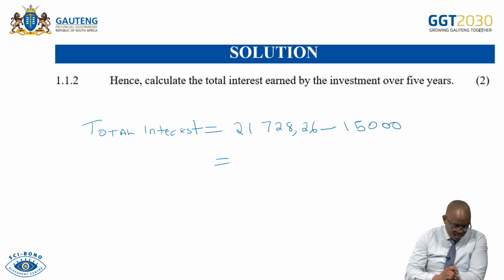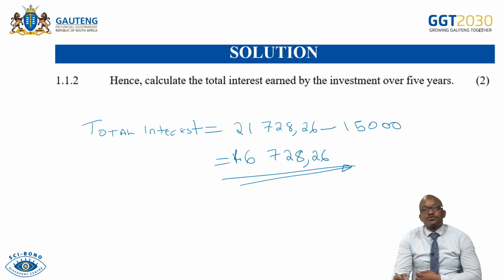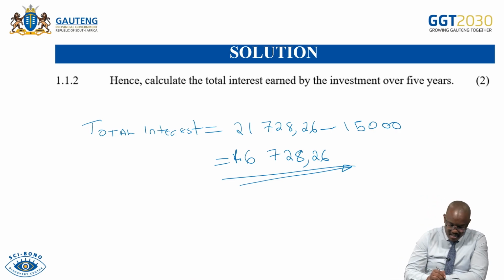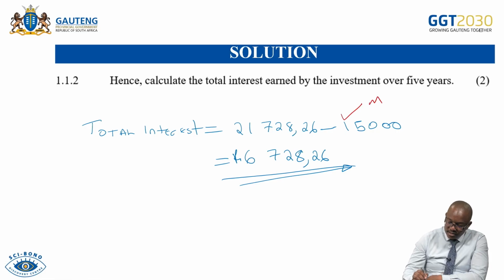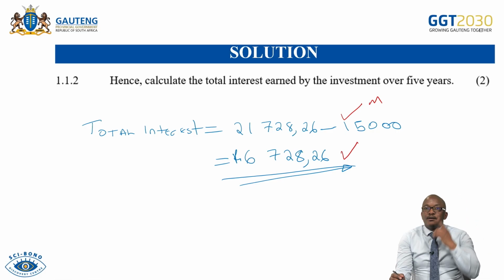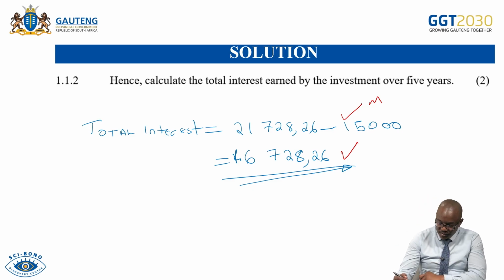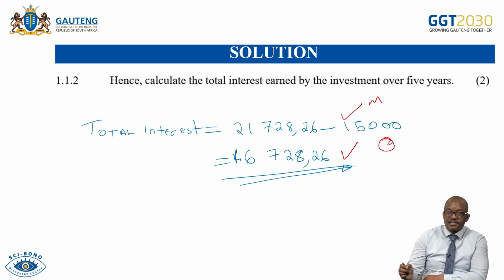Then now we are going to get our interest earned over 5 years, which is 6,728 rand, comma. So that is the interest earned for 2 marks. Remember, how do you accumulate your 2 marks is the method and the answer. Correct? That's how you accumulate your 2 marks there.